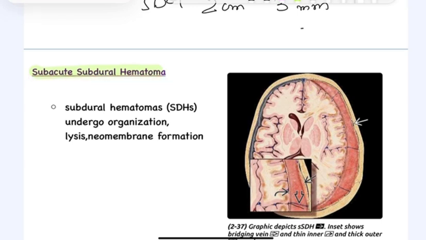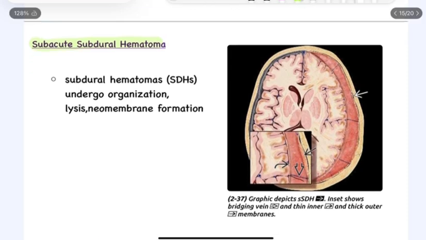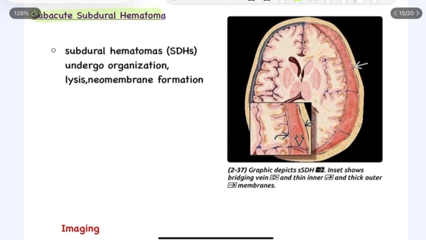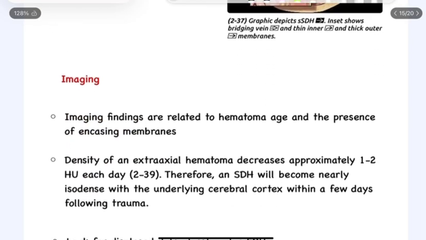Basically, subdural hematomas will undergo organization, lysis and neomembrane formation with time. So we will see an inner thin and a thick outer membrane. This basically represents formation of granulation tissue with time, and the inset also shows the bridging cortical veins.